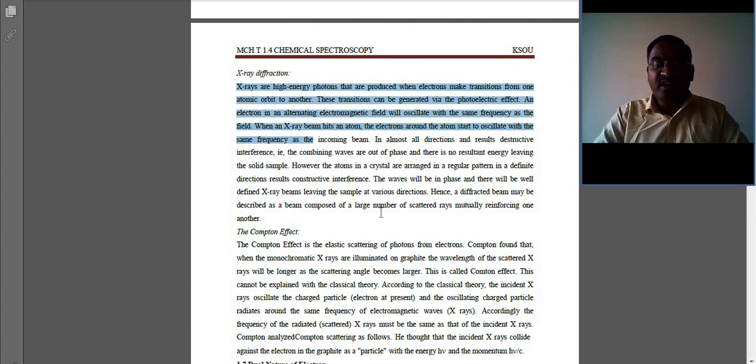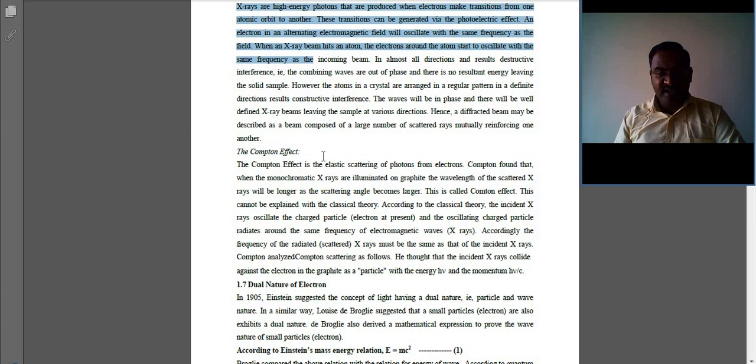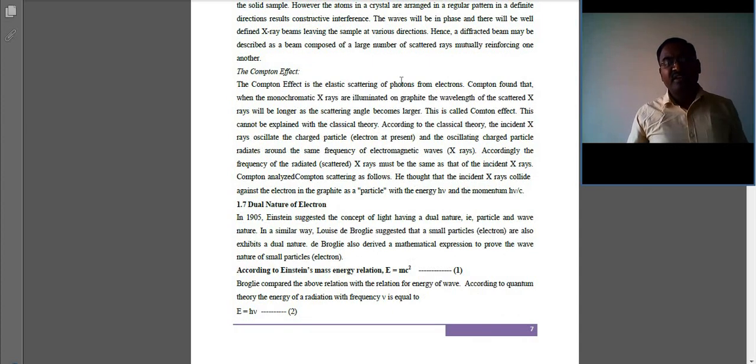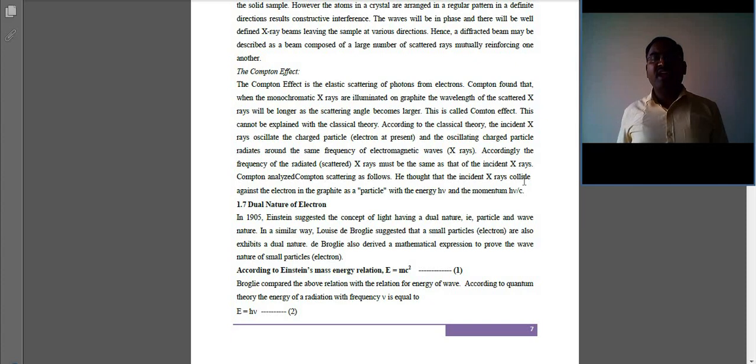An electron in an alternating electromagnetic field will oscillate with the same frequency as the field. This is the concept of X-ray diffraction. In the Compton effect, we have the elastic scattering of photons from electrons.